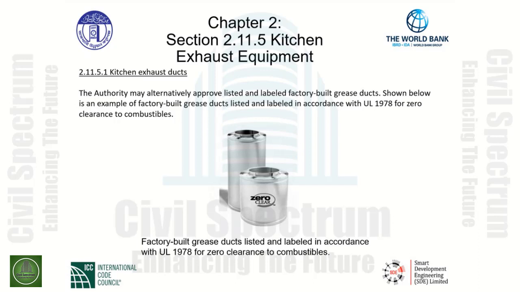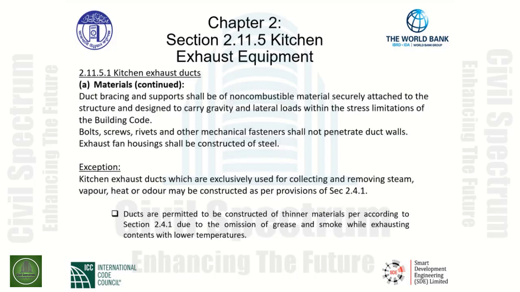The authority may alternatively approve listed and labeled factory-built grease ducts. Shown below is an example of a factory-built grease duct system that is listed and labeled in accordance with UL 1978 for zero clearance to combustibles.